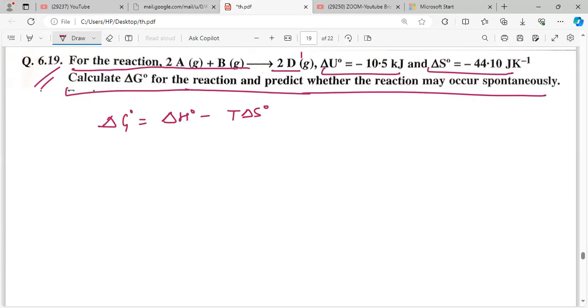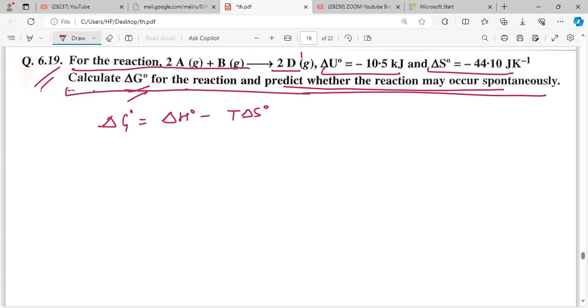Here what are they saying somewhere, na? Calculate delta G naught for the reaction, predict whether the reaction. This cannot be used. Temperature is not given now. How can you use this one?